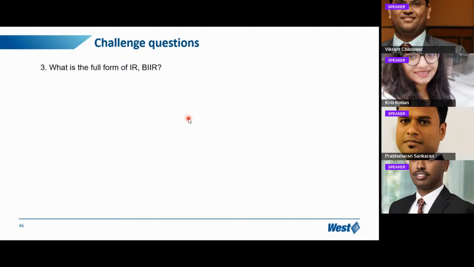For BIIR, I got brominated isobutylene isoprene rubber. For IR, I got isoprene rubber. Correct, they are correct. So IR is isoprene rubber and BIIR is brominated isobutylene isoprene rubber.